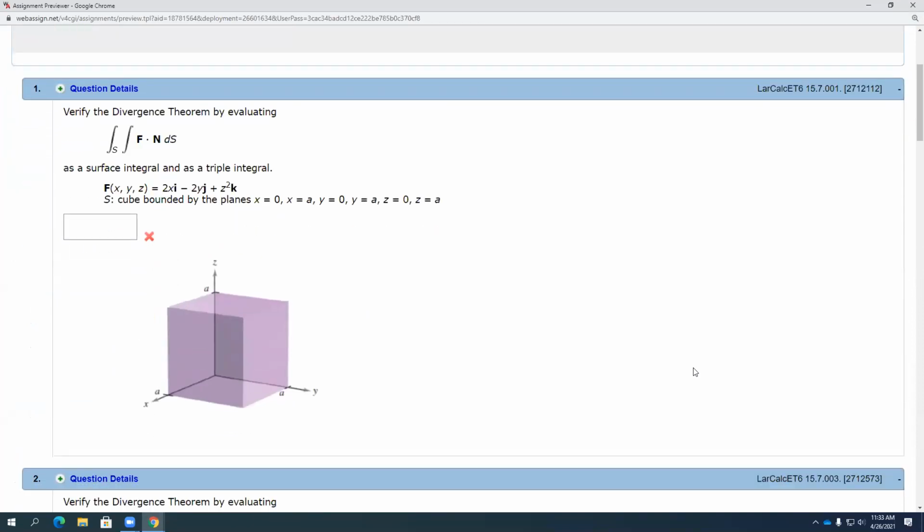But look at this guy right here. It says verify the divergence theorem by evaluating that surface integral, which is an interesting way to put things. That just means that instead of computing the surface integral, what should we compute instead? And incidentally, if I wanted to compute the surface integral, how many surface integrals would I actually have to do in this case? 6. That is not something that's going to be pleasant.